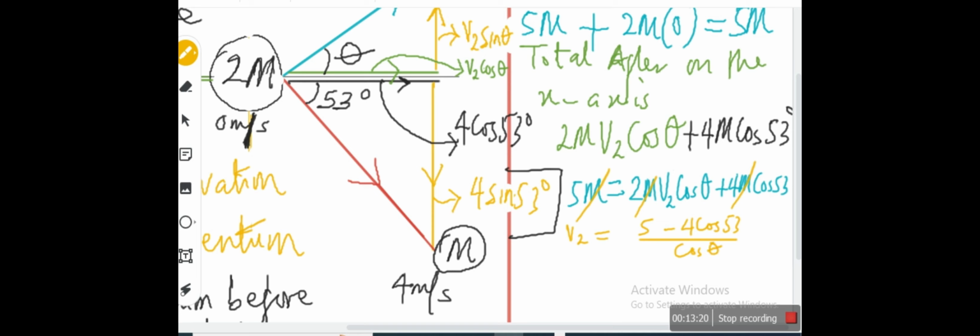I'm just solving the equation now, making v2 the subject of the formula. v2 is equal to 5 minus 4 cos 53 divided by cos theta. I can call this equation 1.